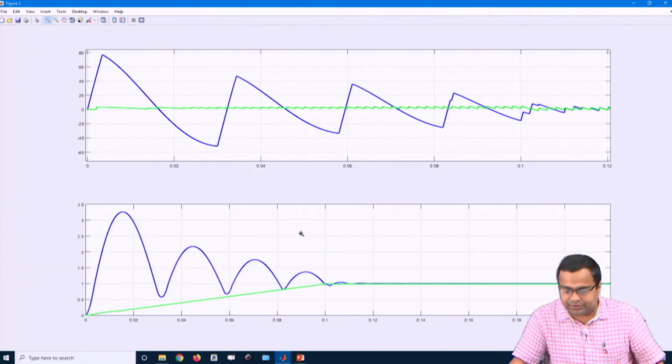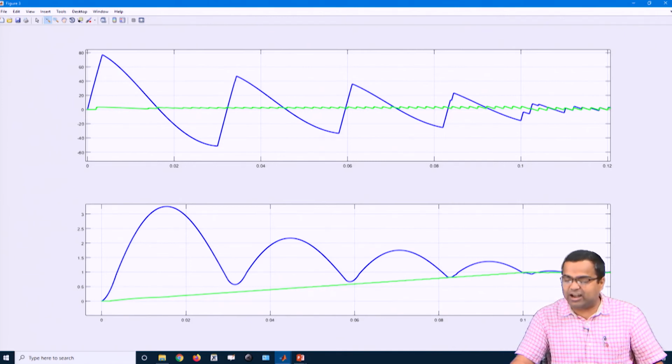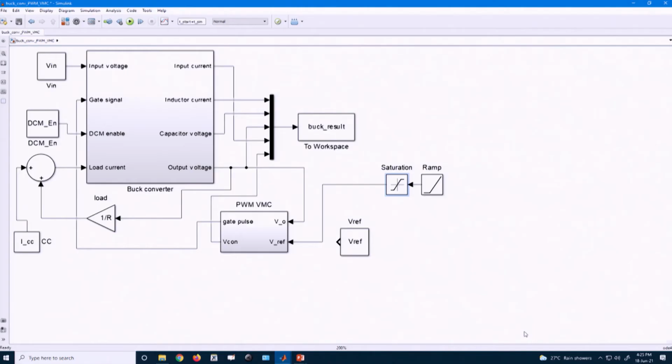If we go up to 0.1 second, you see the green color shows that the voltage is increasing from 0 to 1 volt in 0.1 millisecond, because it is on a millisecond scale. That means we can achieve this soft start action from here.